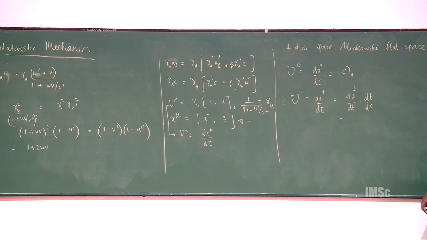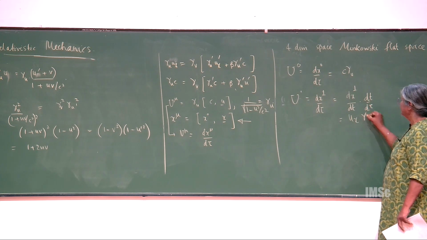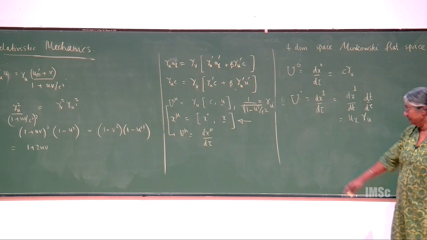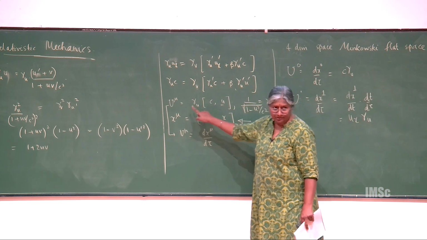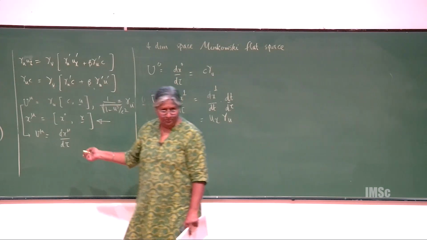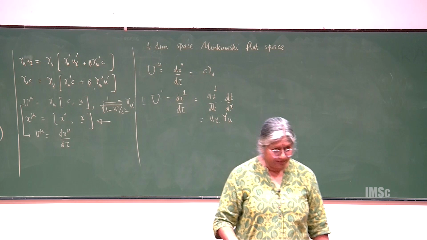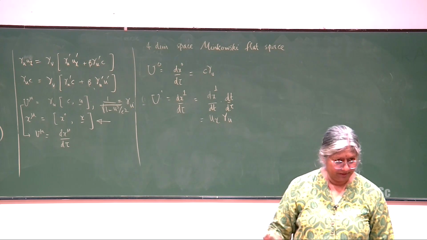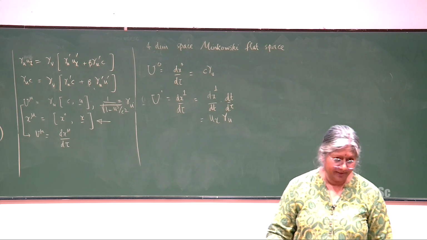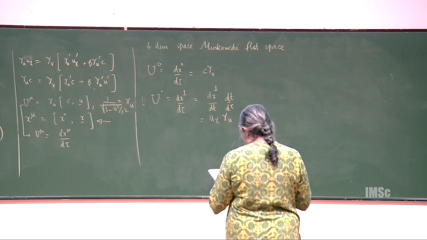What is dx1 by dt? Ux, very good. And what is dt by d tau? Gamma. So gamma u times ux. The other ones will be gamma u times uy, gamma u times uz. Is this clear? So the 4 velocity that we have discovered, the capital U, is a proper 4 velocity which has the proper Lorentz transformation equations that a vector in this space must have. Okay, is this clear? So now what are the other vectors that we can use?